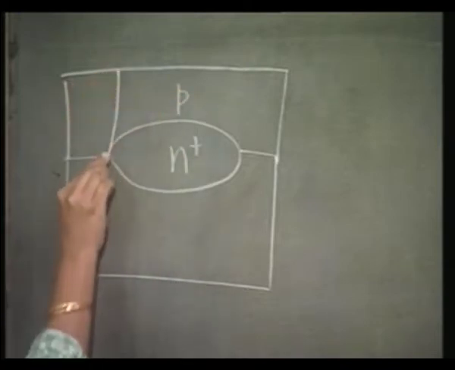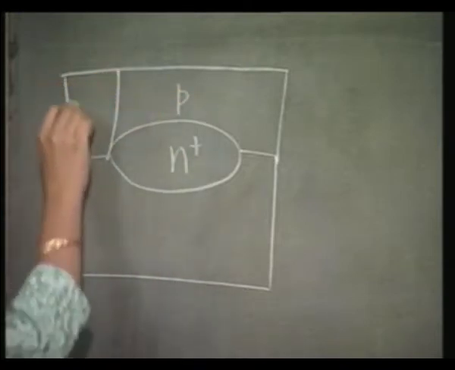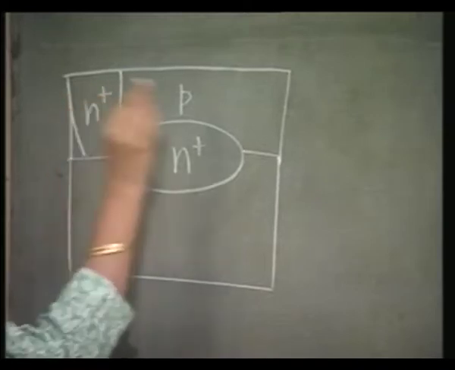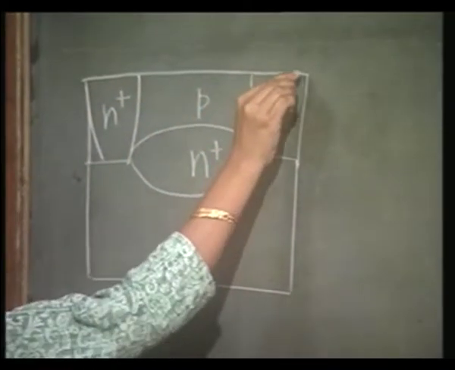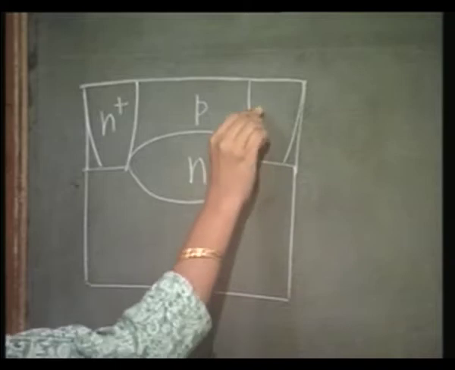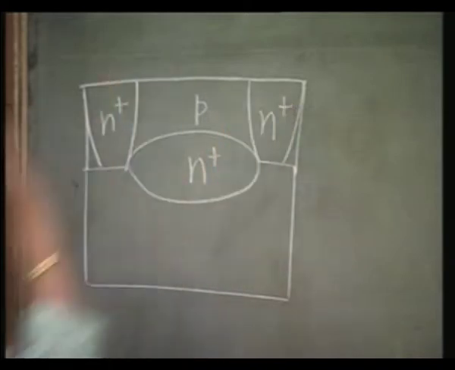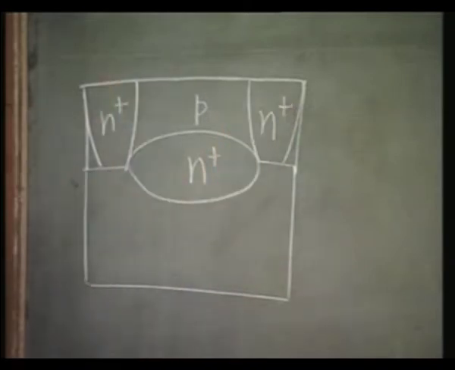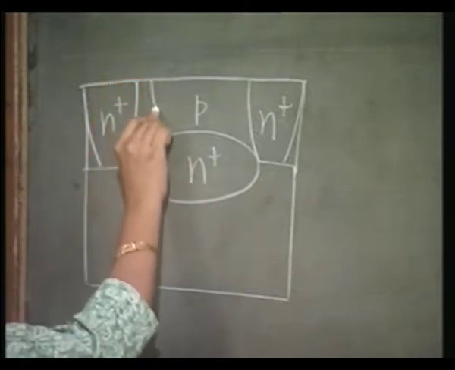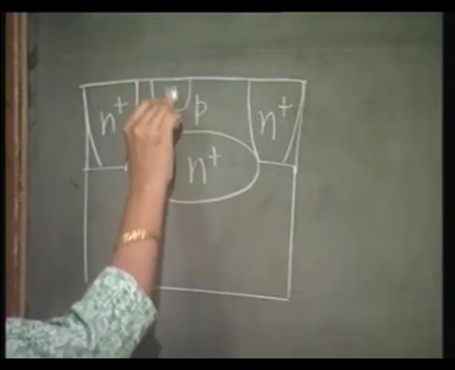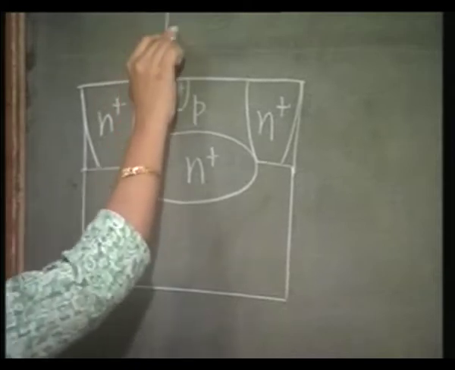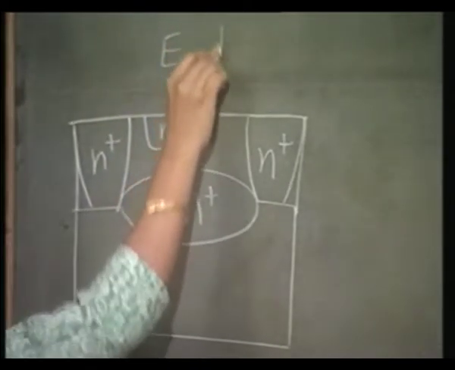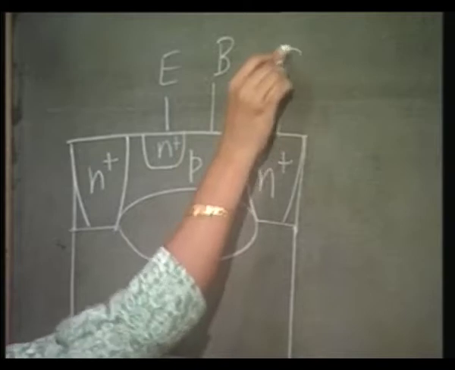And then you diffuse n plus. Instead of diffusing p plus, you diffuse n plus. So, this is now your emitter, this is your base, and this is the collector.